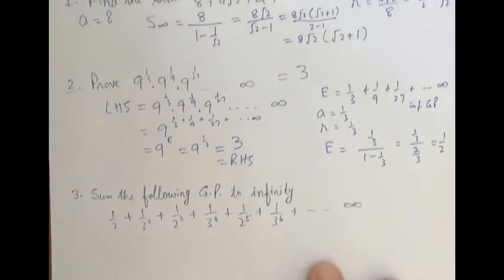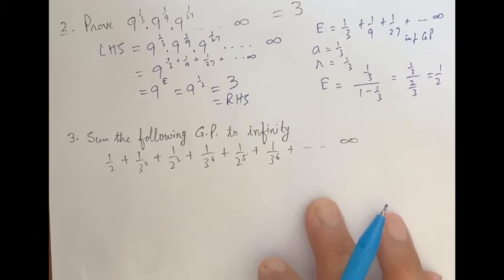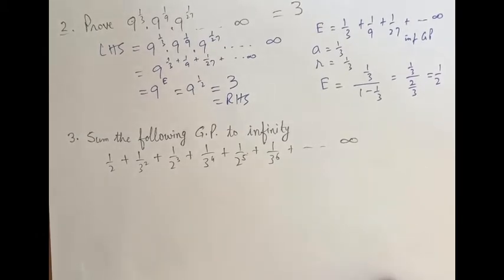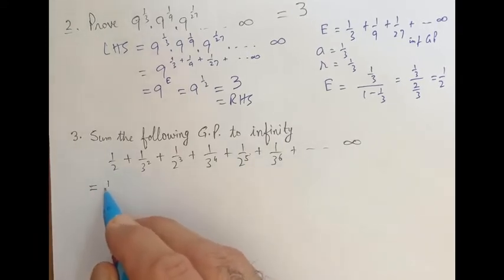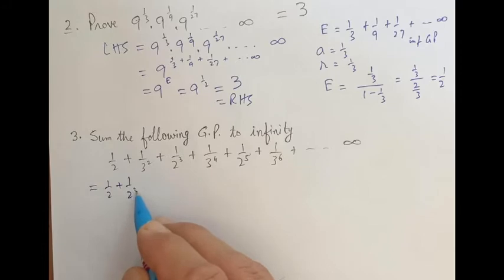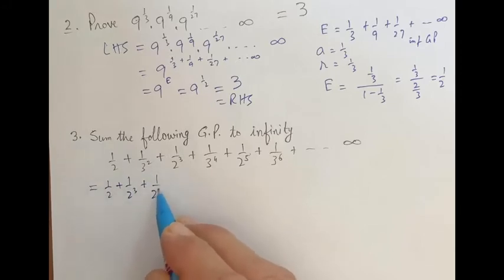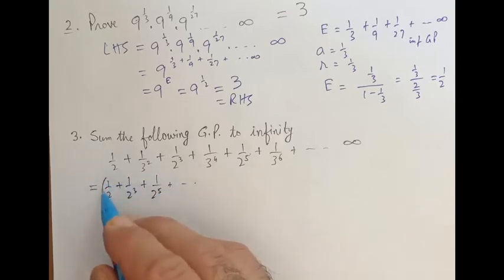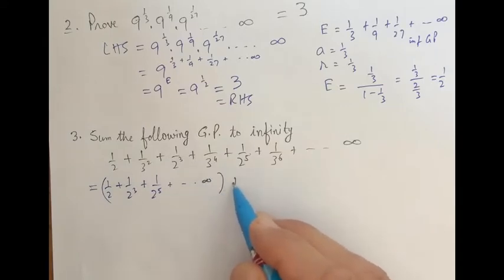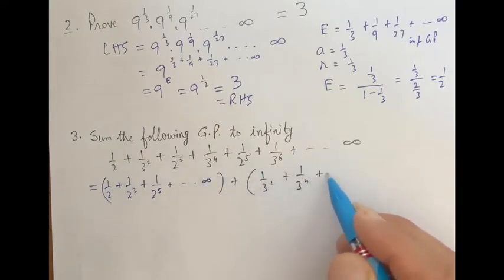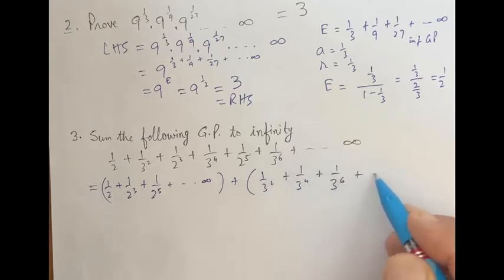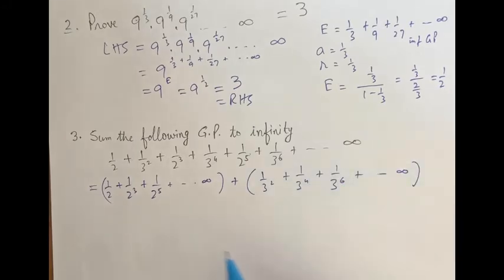The next one, we have to find sum of infinite GP. So we can see there are two different GPs mixed here. We will write 1 by 2 plus 1 by 2 raised to 3 plus 1 by 2 raised to 5 and so on up to infinity, plus 1 by 3 square plus 1 by 3 raised to 4, 1 by 3 raised to 6 up to infinity.